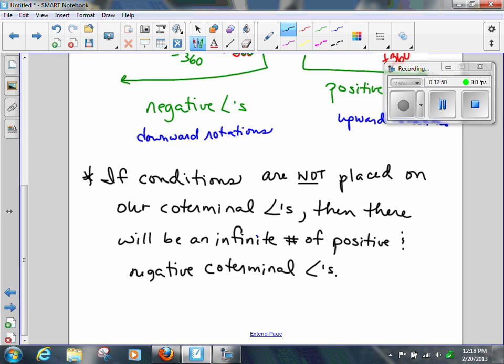Okay? If conditions are not placed on our coterminal angles, then there will be an infinite number of positive and negative coterminal angles. So we want conditions. We want those boundaries given.